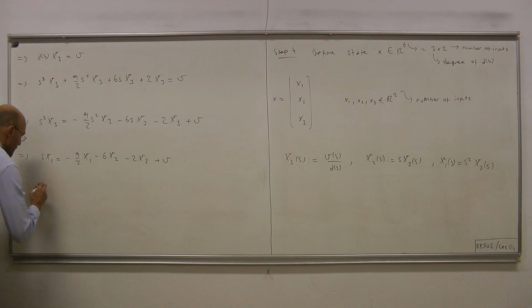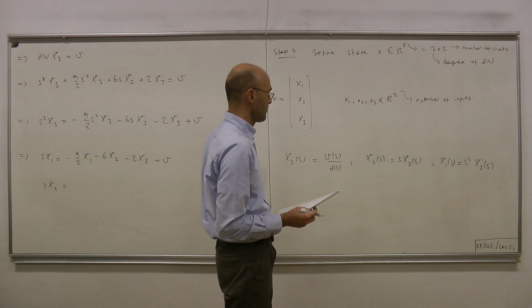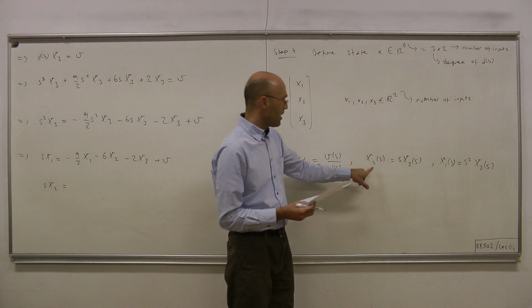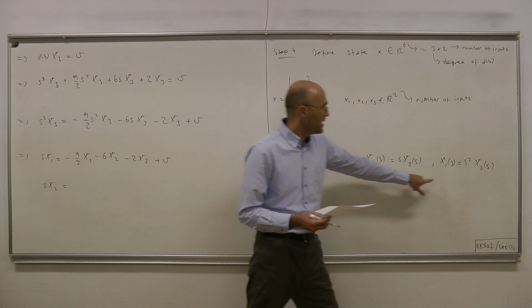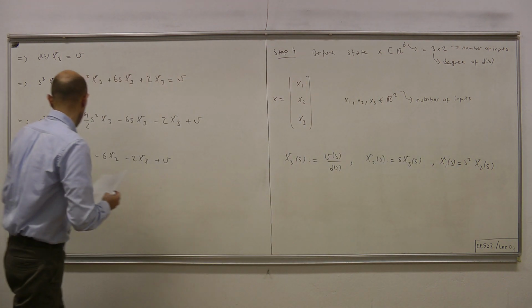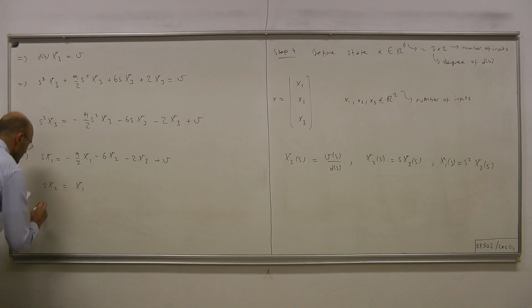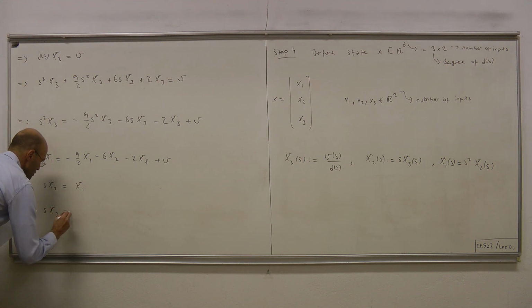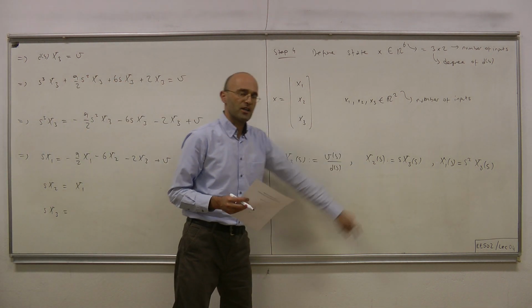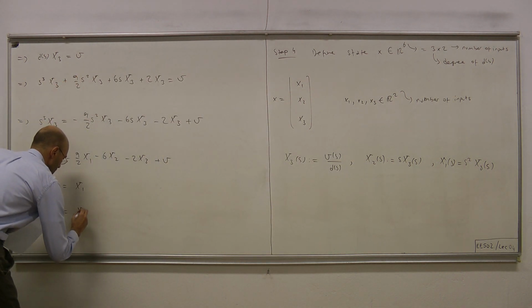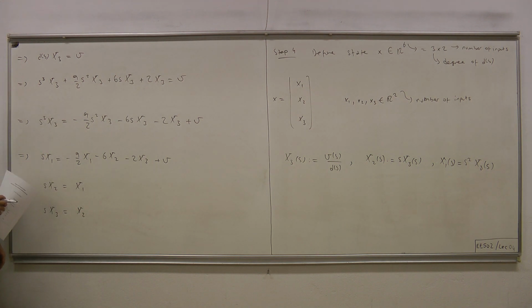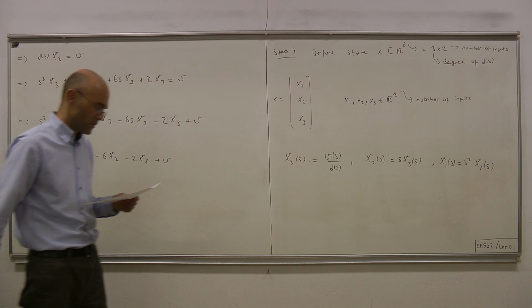Okay. And then we write s times x2. Okay, what's s times x2? S times x2 is s squared x3, and s squared x3 is x1. Okay, so here we have x1. And finally, we have s times x3, and that's by definition x2. Okay. Now here we have the state multiplied by s in Laplace domain. We know that in time domain these will be dots, x1 dot, x2 dot, x3 dot, under the assumption that the initial conditions are 0.